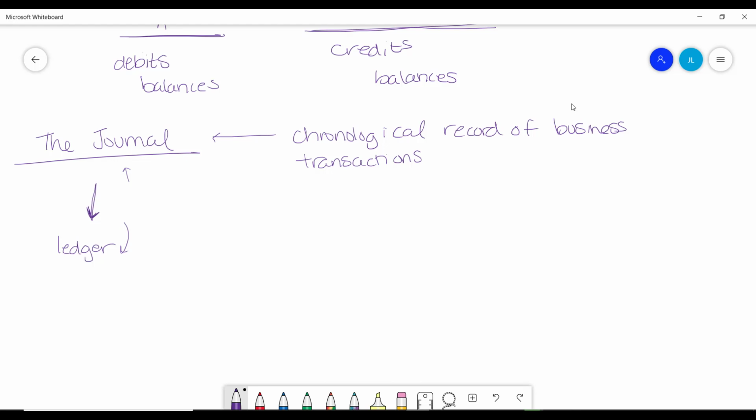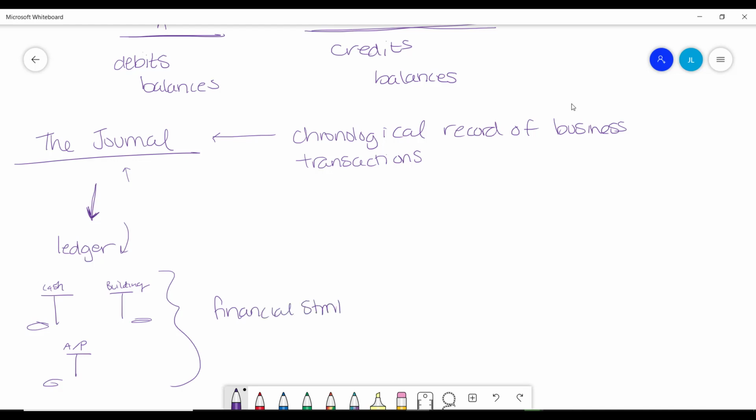And once these entries are moved to the ledger, remember the ledger has all of the accounts, like cash, building, accounts payable. The ledger has the balance of all of these accounts, and that's what we use to set up our financial statements.